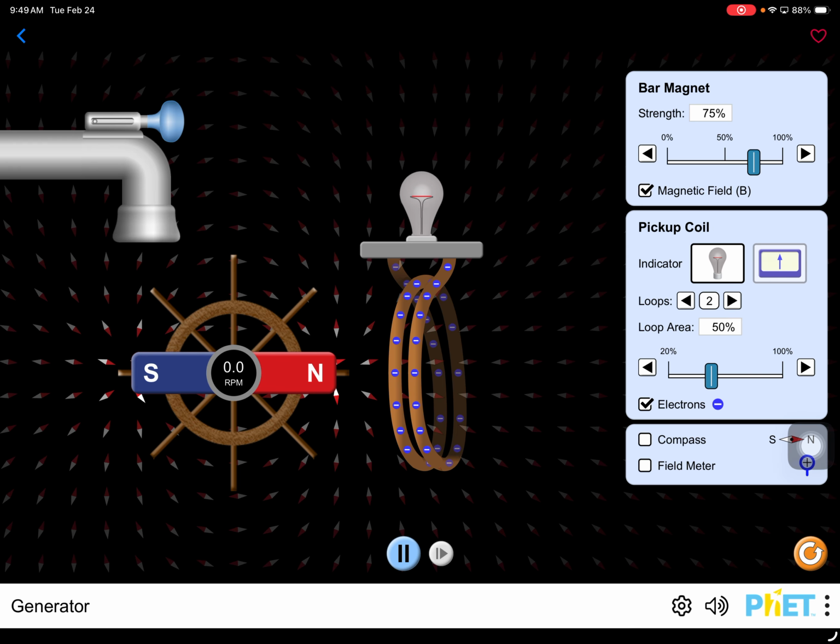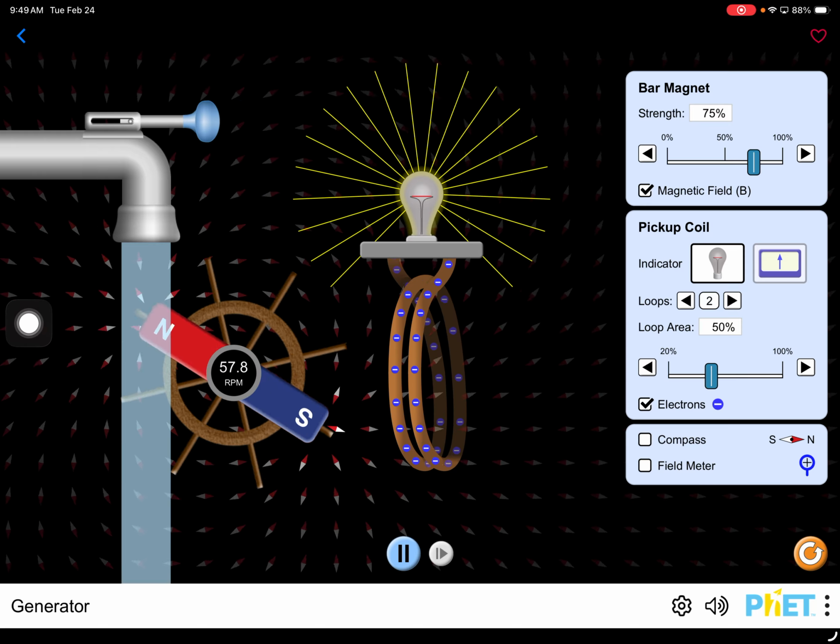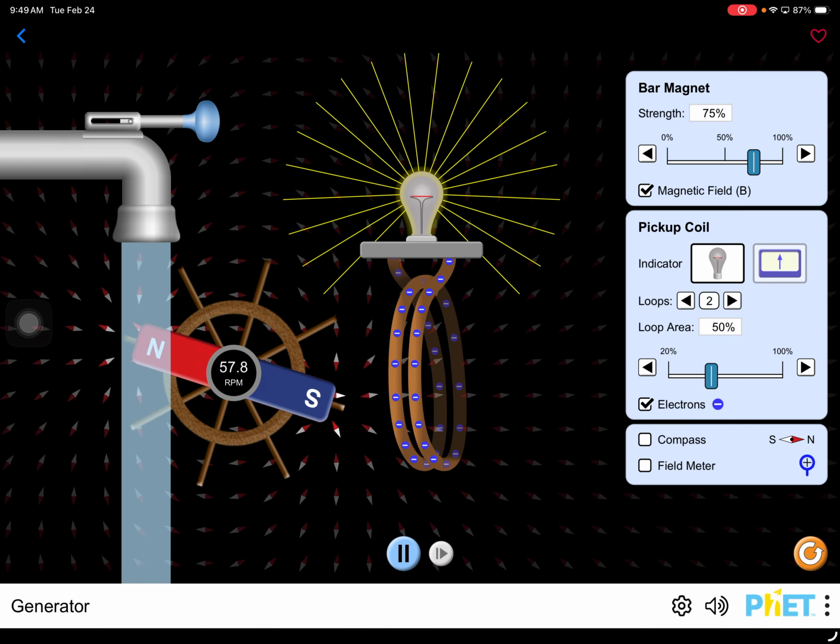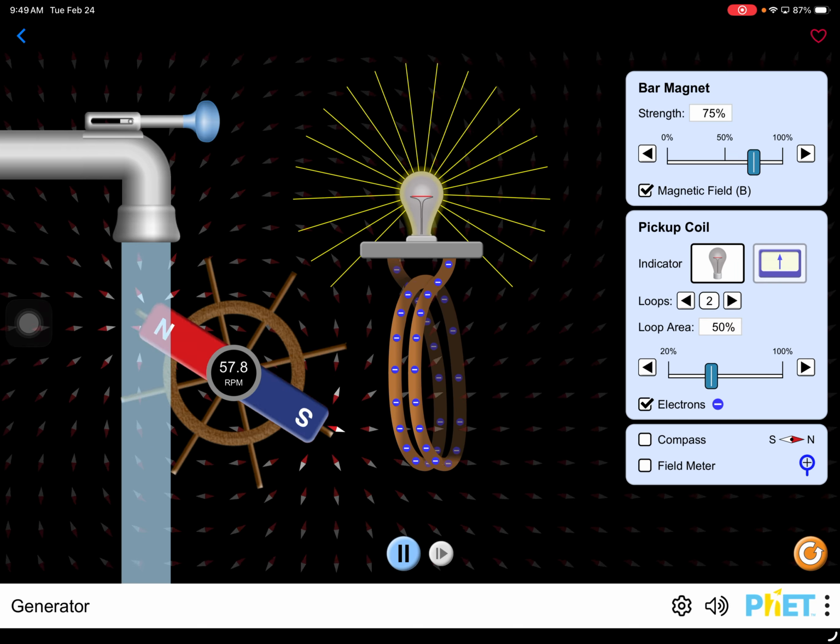So here we go, here's another. Since I'm recording this, I've got to show you this. What you need is a wire, and either the wire has got to move relative to the magnet, or you can move the magnet. So you can see that when the magnet turns relative to the wire, you're producing electricity.